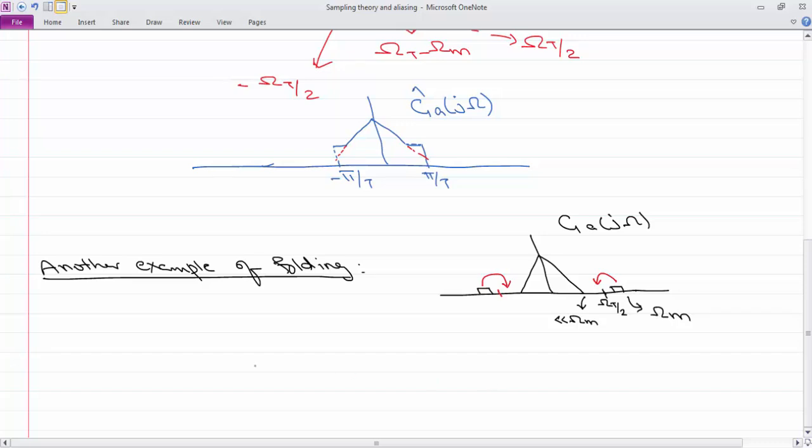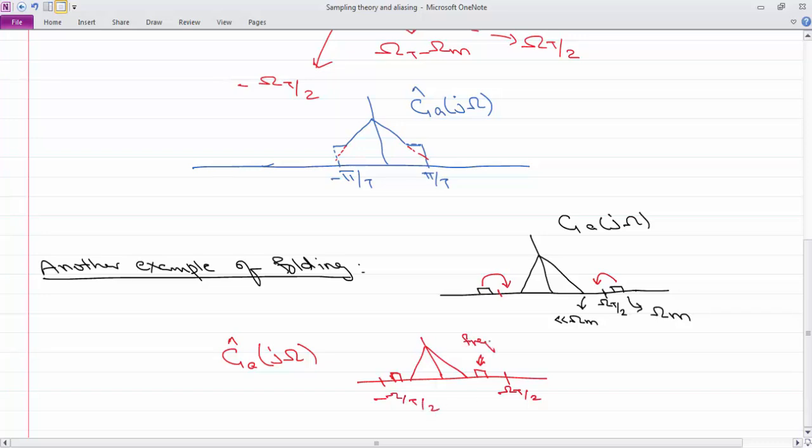So your reconstructed signal frequencies will look like the shape will still be the same, but the frequency of these pieces will be now much smaller than omega m.